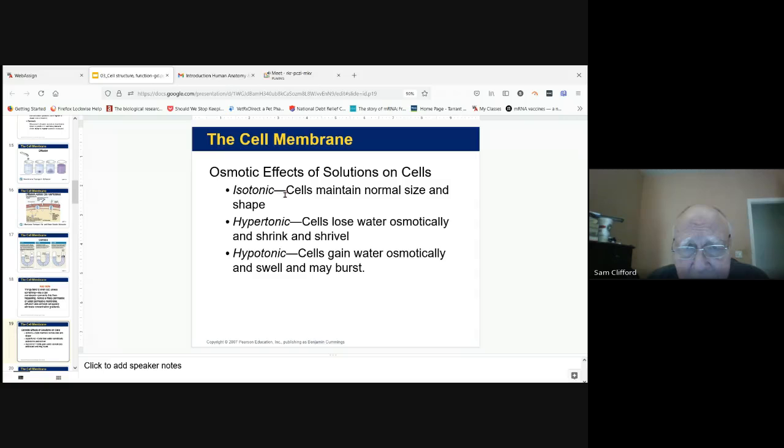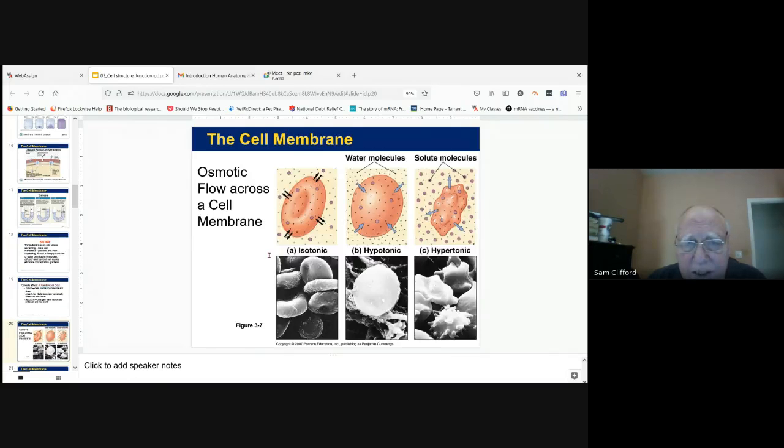Isotonic means that the solution that cells are in has the same concentration as what's inside the cell. Hypertonic solutions have more dissolved material. Hypotonic solutions have more water. So we'll see what that has to do with red blood cells.